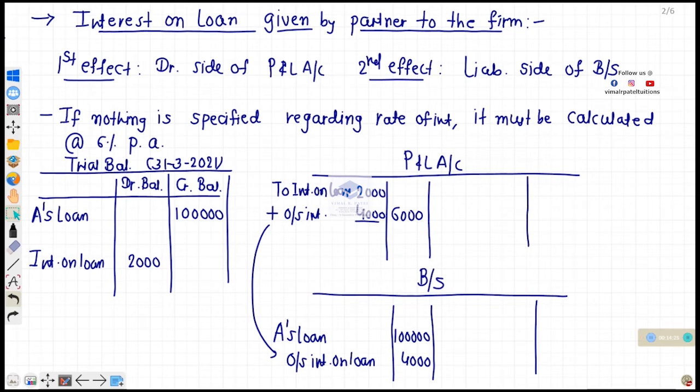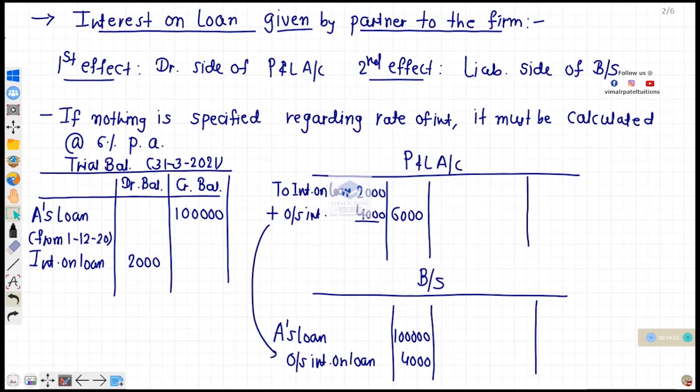Now, if in trial balance you have been given a date, A's loan, say from 1st December 20.